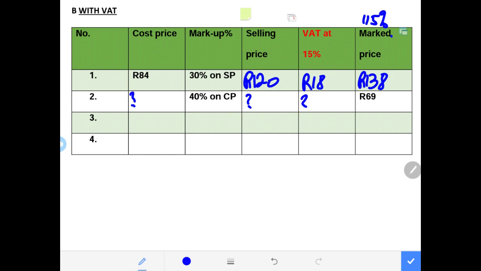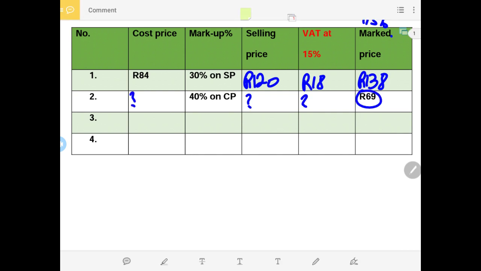Markup percentage is given, and our marked price is 69 Rand. Now let us check our marked price of 69 Rand. I'm not sure if I created these numbers correctly. I think the 69 Rand is quite small. I hope it was not meant for the VAT amount, but still we can work on that.